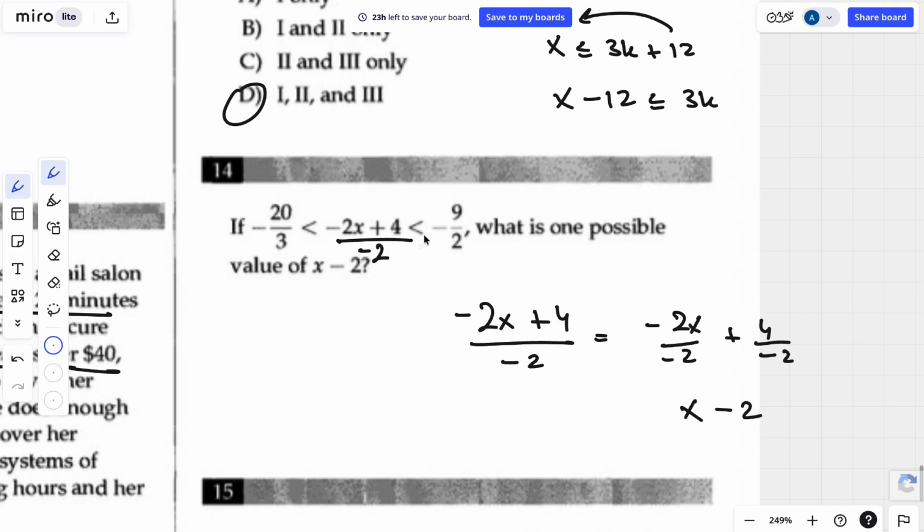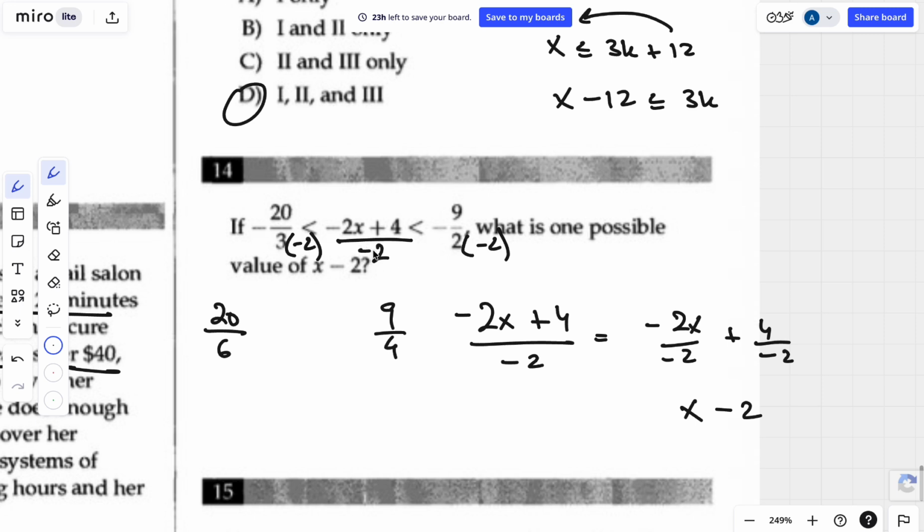So basically we have to divide this by negative 2. If we divide this by negative 2, we have to divide this and this also by negative 2. So I'll just write negative 2 here, negative 2 here. Now, if you simplify this, you'll get 20 over 6 for this, and for this it'll be 9 over 4.